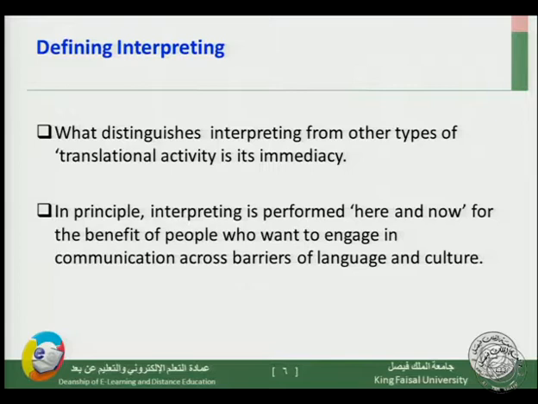This is what we mean by immediacy: to translate, to interpret immediately after you have heard an utterance. This is what makes interpreting different from translation.